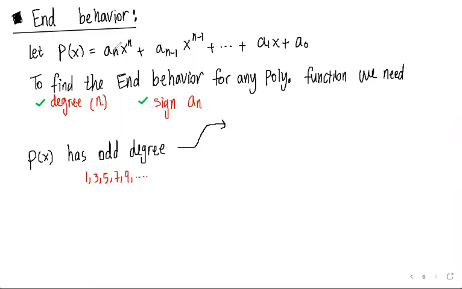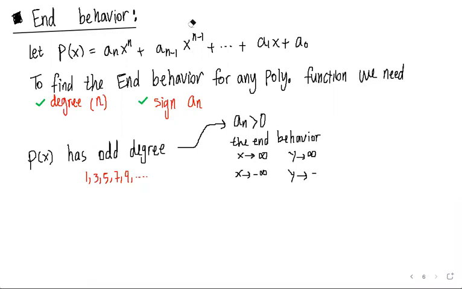If the leading coefficient is positive, if a_n is greater than 0, then the end behavior, you have to write it like this: when x goes to infinity, y goes to infinity. When x goes to minus infinity, y goes to negative infinity.